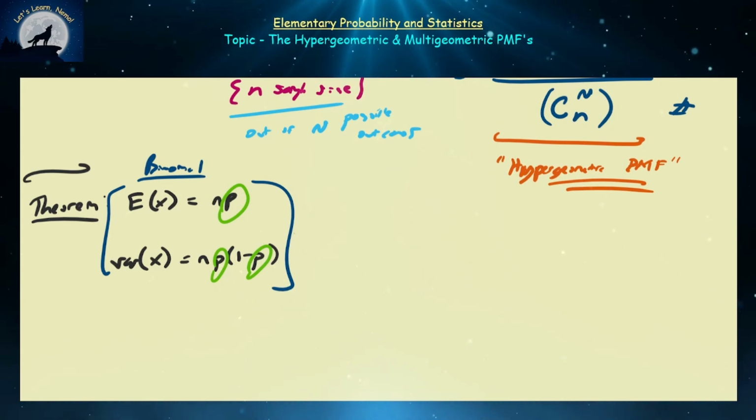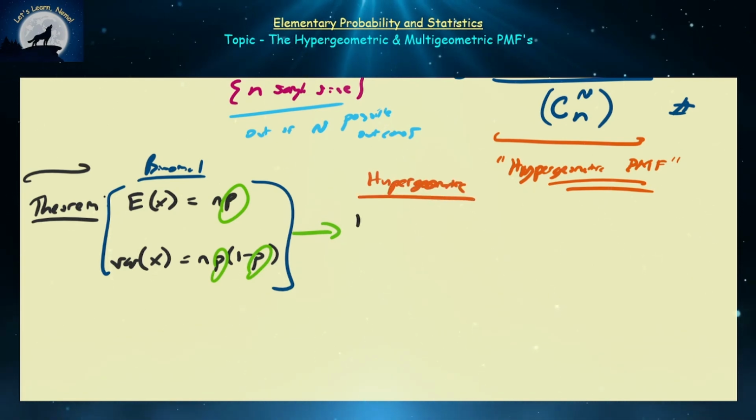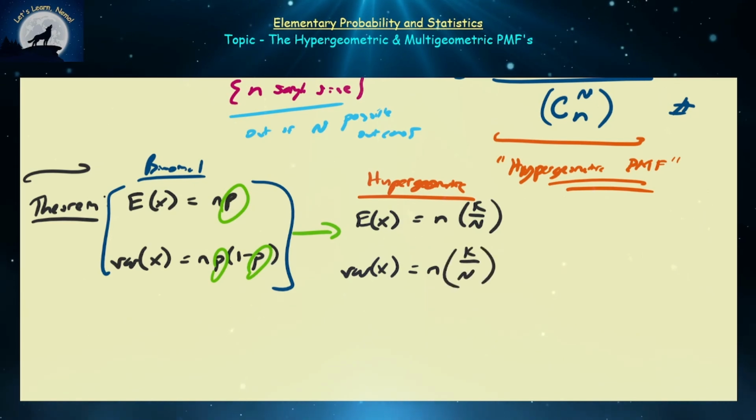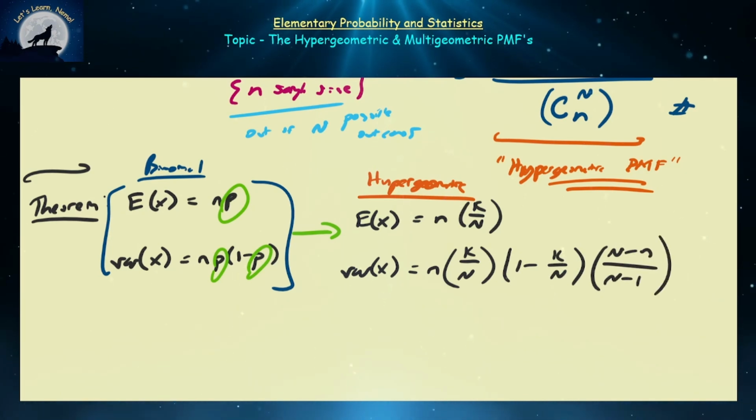So the hypergeometric versions are as follows. The expected value of a hypergeometric will be equal to n times k over capital M, and the variance will be equal to n times k over capital M times its complement, and also a new piece of information, capital M minus little n over capital M minus 1.